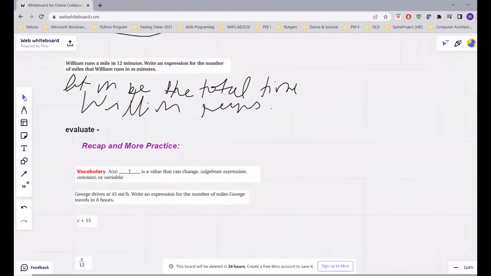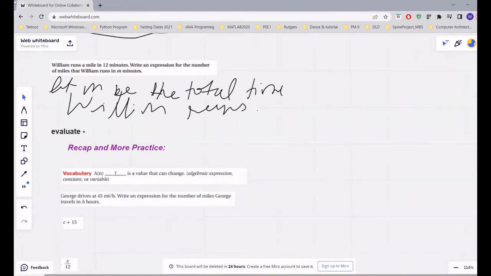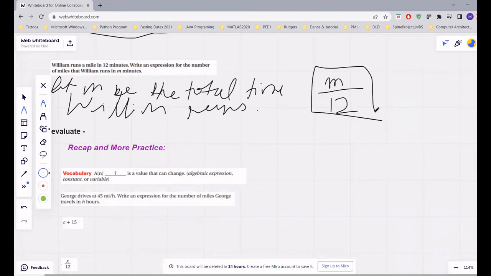So M over 12. This is the expression for this question.